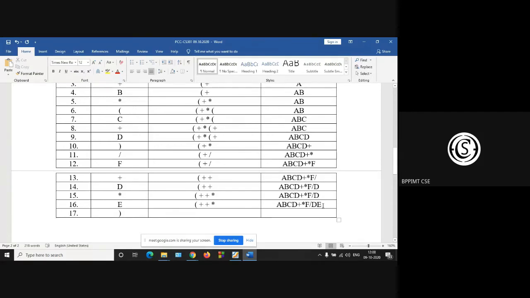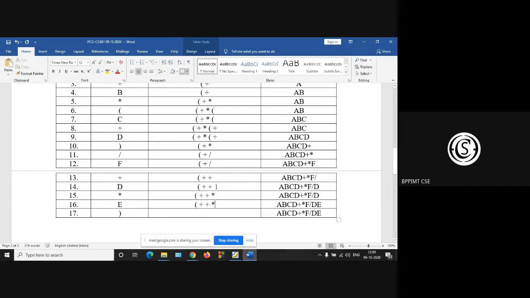But the popping must be in the reverse order. So A, B, C, D plus multiplication F division D, E. So what will be the popped ones? Star, plus, plus.